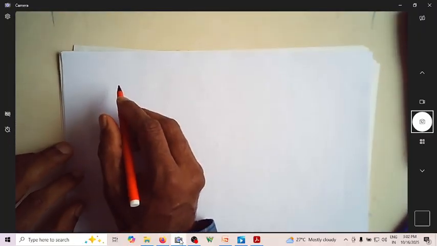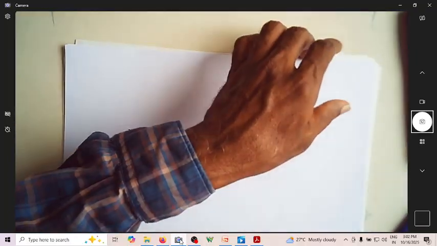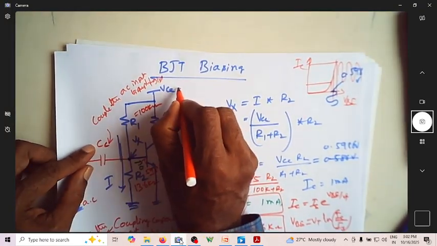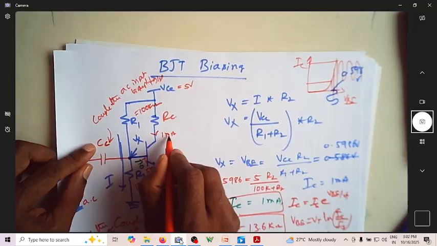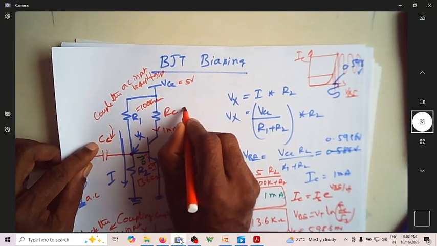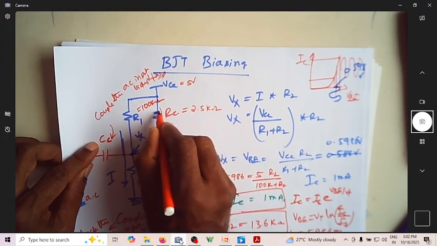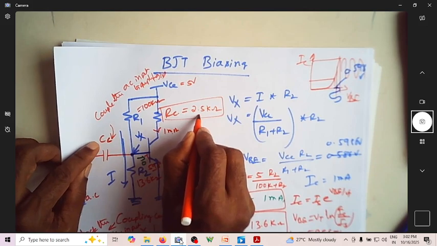So what we'll do now is take a small example of a sine wave and try to see how the amplification occurs. Let us also understand, if this VCC is 5 volt and IC is 1 milliampere, let us assume that you have a resistance of 2.5 kilo ohm connected here.